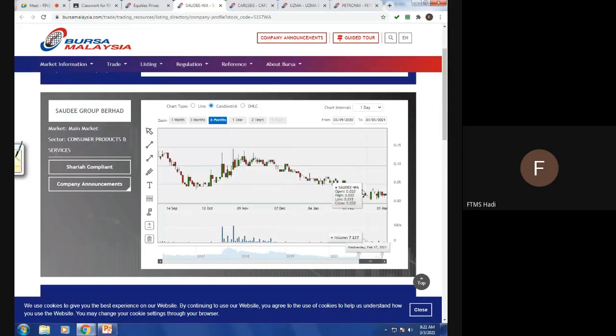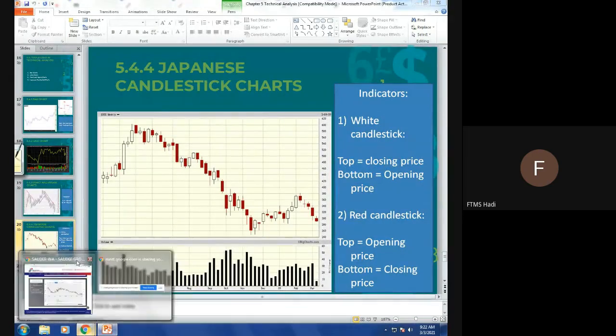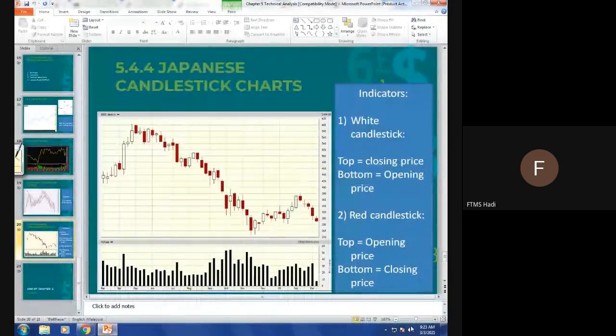Most of them are balanced, and then this one is more on a bearish trend. So that is candlestick, but in Bursa Malaysia, they use green as a positive change, meaning good performance daily, but red is a bad performance on the day.